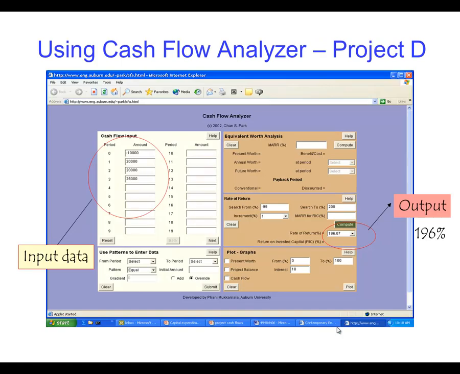The fourth method is the online cash analyzer. We can implement this method on the fourth project and get the rate of return using the analyzer. Let's do that.